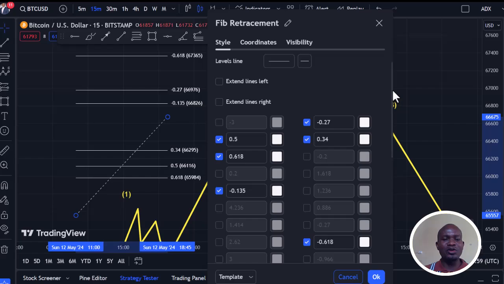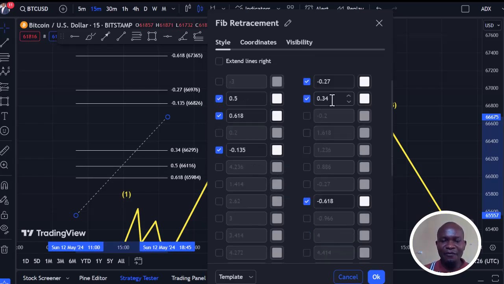Okay, so for you to use it as extension, you put a minus, and look at the extensions I'm using. I'm using 3 extensions: minus 0.135, minus 0.27, and minus 0.618. Okay, and I'm using 3 retracements: 0.34, 0.5, and 0.618. Now, these numbers are not magic numbers, okay?